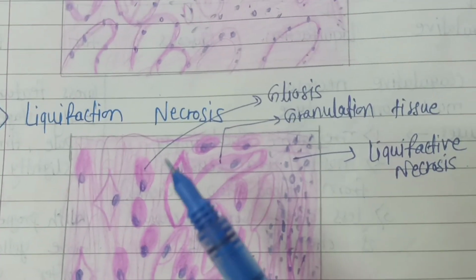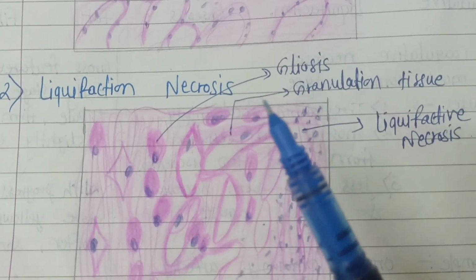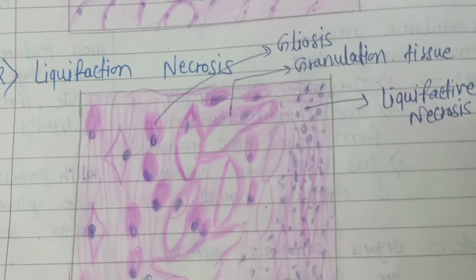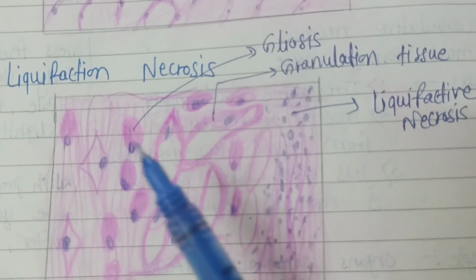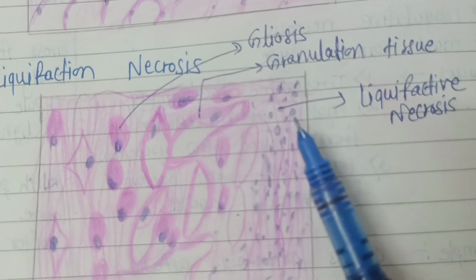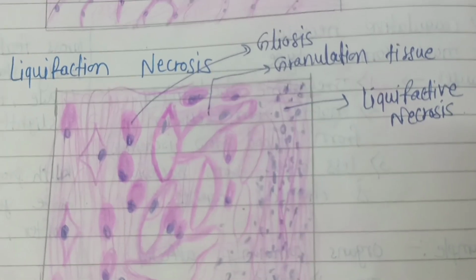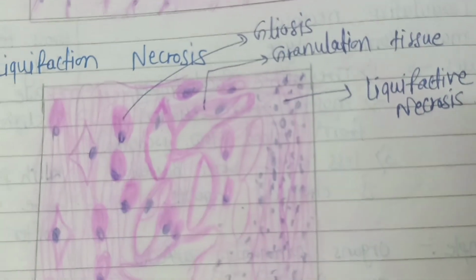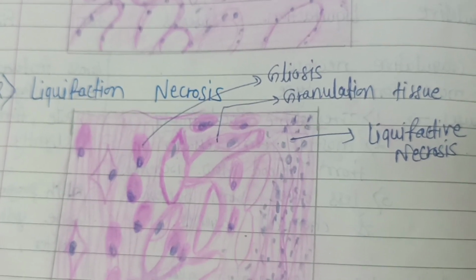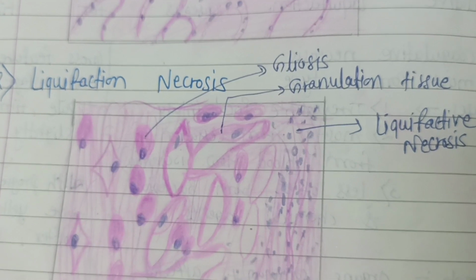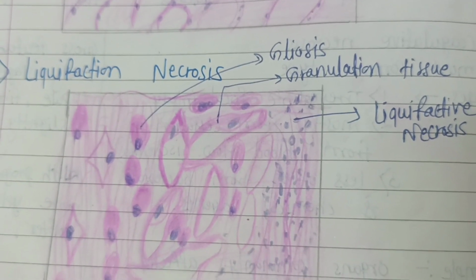Then second is liquefaction necrosis. Here we have to draw the diagram with H&E pencils. We have to show here gliosis, granulation tissue, and liquefactive necrosis. Now what is the meaning of gliosis here? Gliosis is a fibrous proliferation of glial cells in injured areas of the central nervous system.